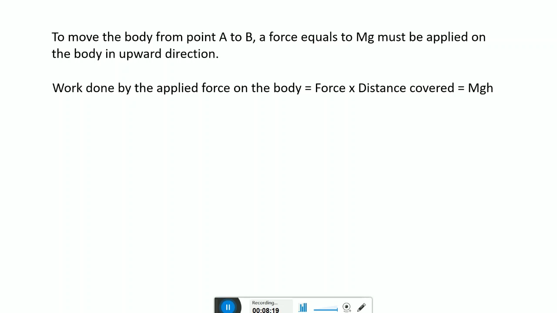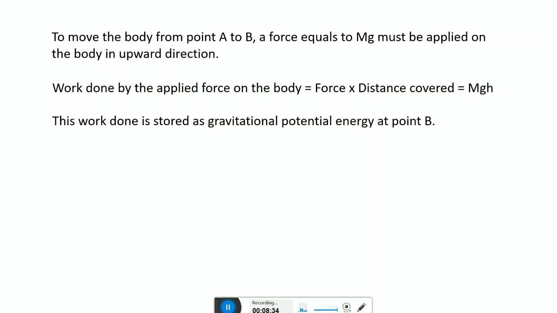The work done by the applied force on the body is force times distance covered. Force is mg and distance covered is h. So, work done is mgh, where g is acceleration due to gravity. This work done is stored as gravitational potential energy at point B. Hence, potential energy at point B is equal to mgh.